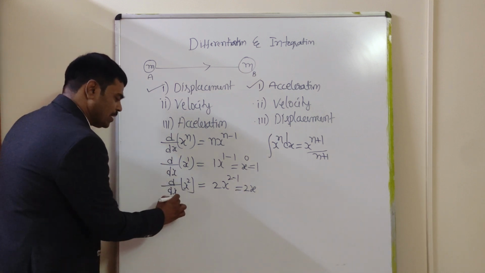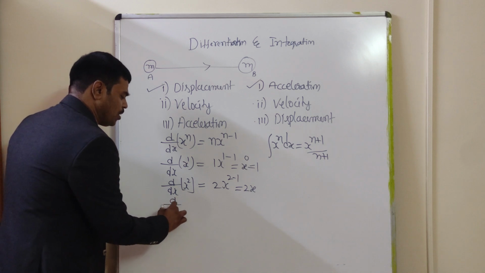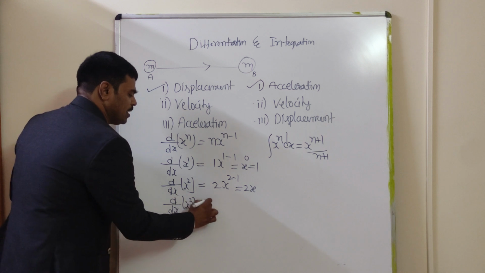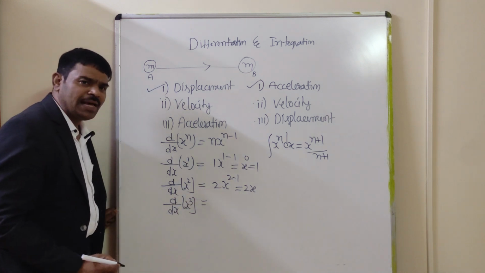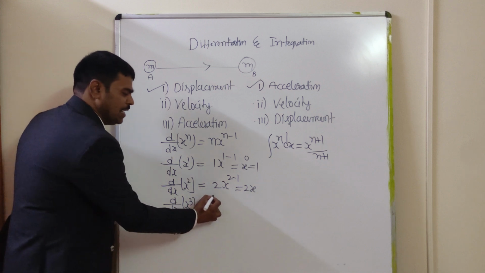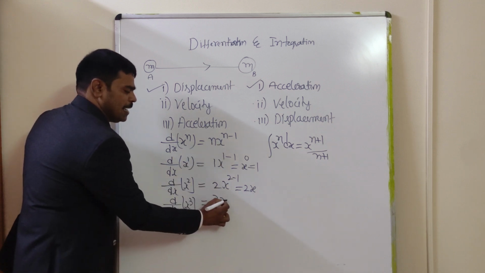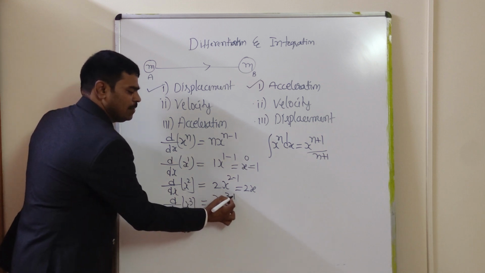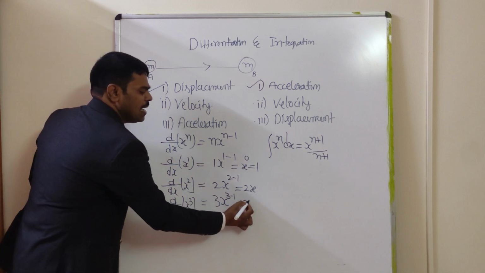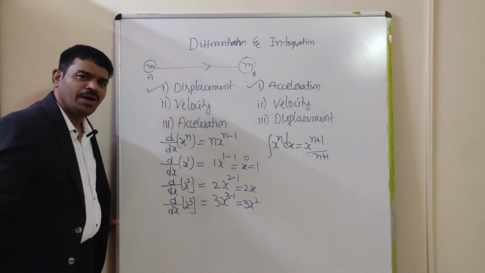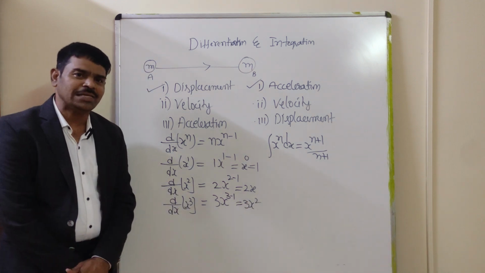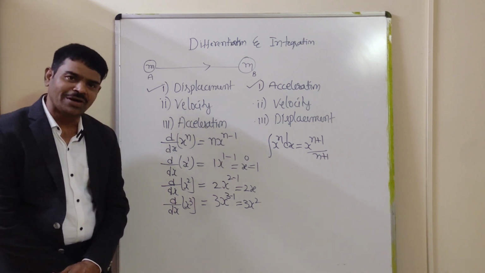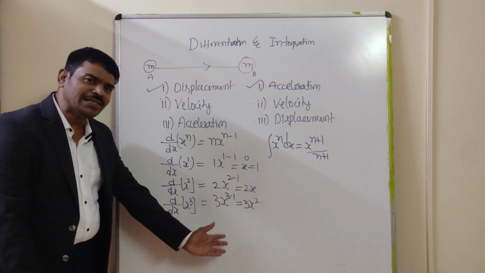Now, one more example, d by dx of x cube is equal to, now I think you can tell me easily. What is the n value here? 3. 3 into x power 3 minus 1, that is equal to 3x square. Now we don't need further examples; even simply, d by dx of x power 4, it is easy to give you the answer.